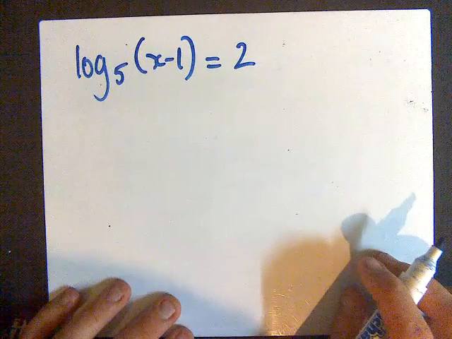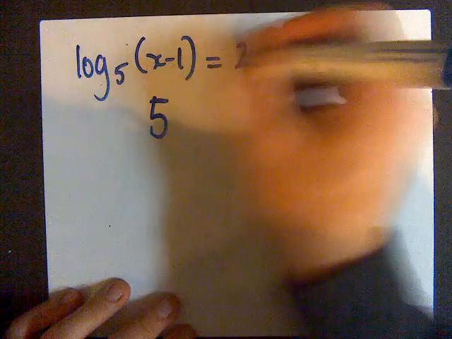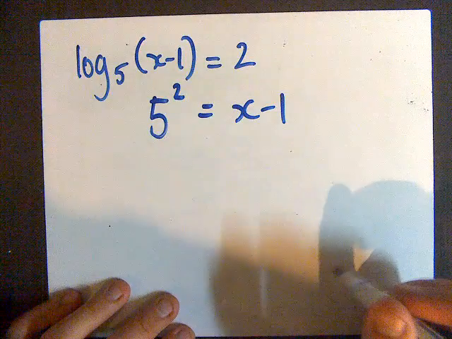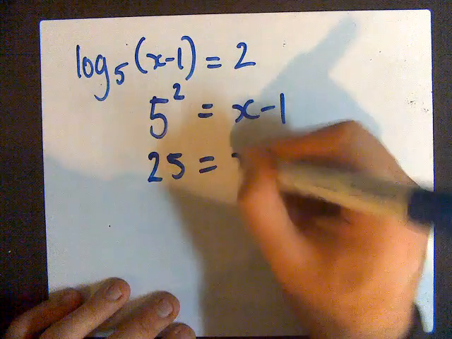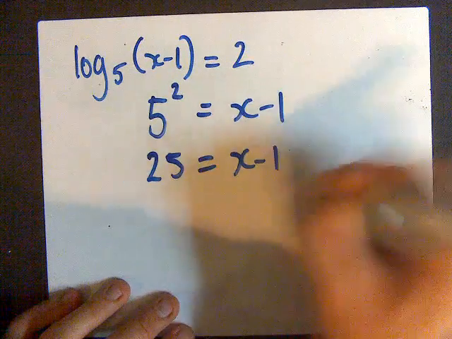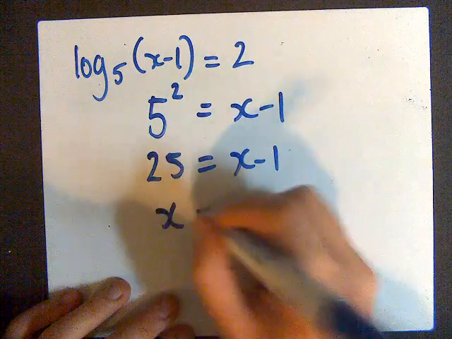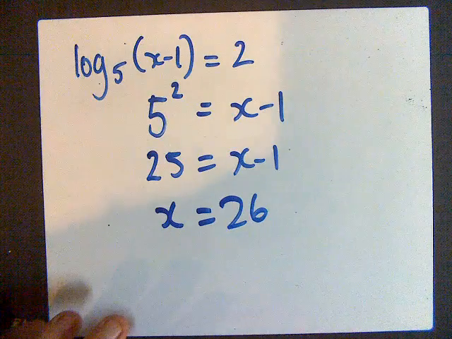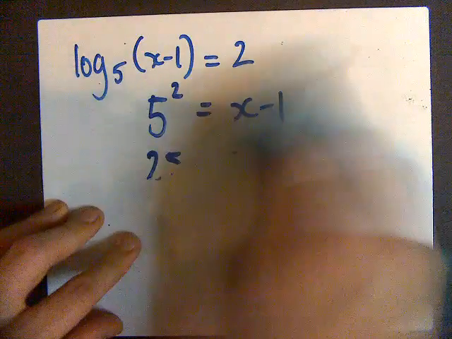And that starts by converting it to index form. So I'm going to say 5 to the power of 2 is going to equal x minus 1. We know 5 squared is going to be 25, equals x minus 1. We want to get rid of the 1 on this side, so we plus 1 here and we plus 1 there. Therefore, my x is going to equal 26. Pretty straightforward stuff there. Nothing too fancy.